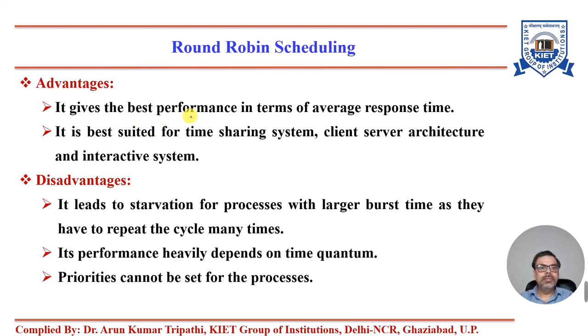Advantage: it gives better performance in terms of average response time. It is best suitable for time sharing systems, client server architecture and interactive systems. Why for the interactive system?